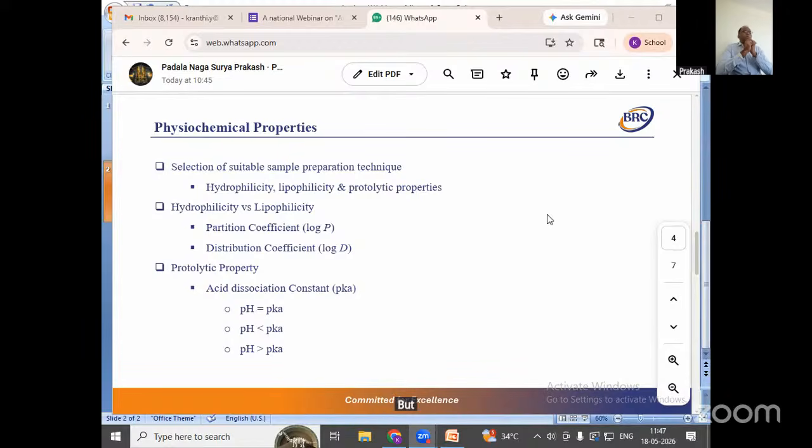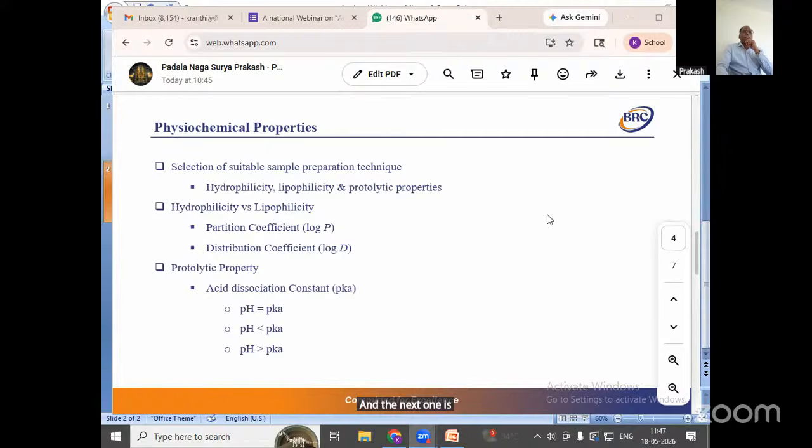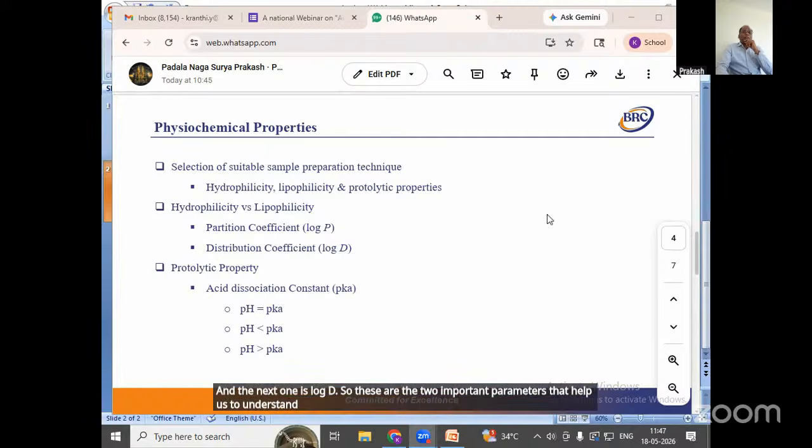But there are two critical parameters which help us understand hydrophilicity and lipophilicity: the partition coefficient, which is also called log P, and the next one is log D. These are the two important parameters that help us understand exactly what hydrophilicity and lipophilicity are and how they are derived.